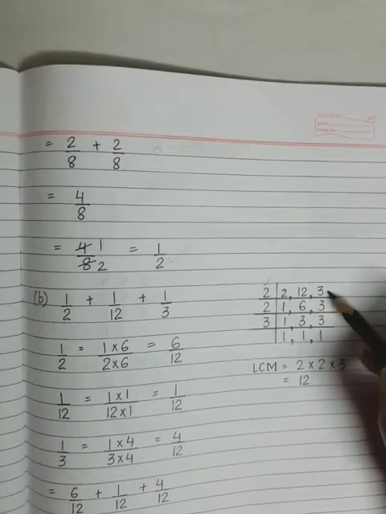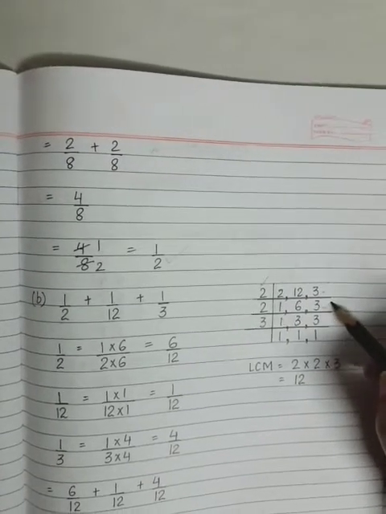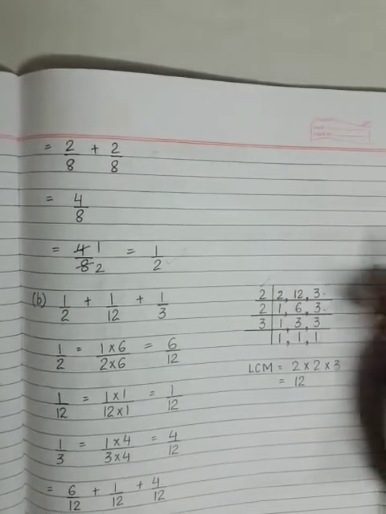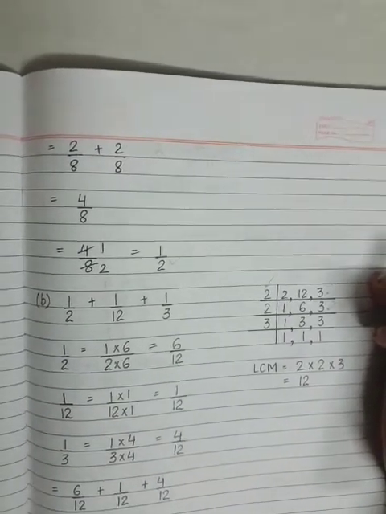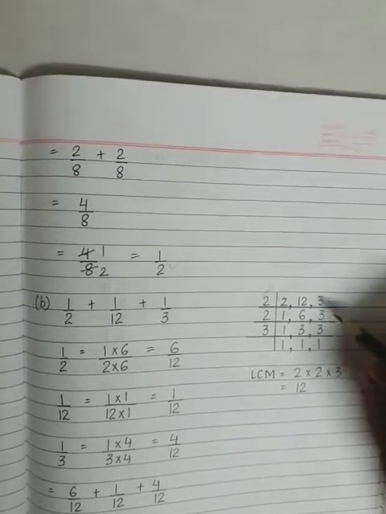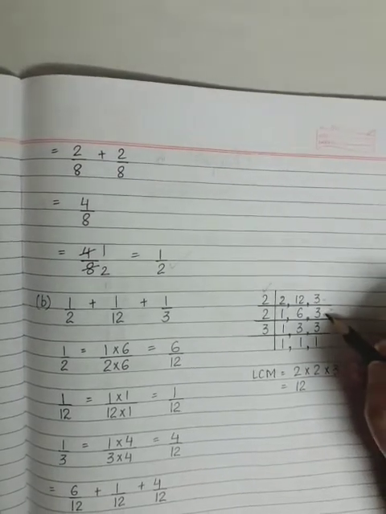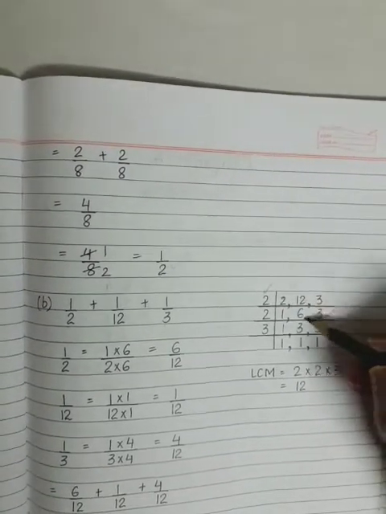Okay. But we will write 3 as it is, because I told you that any number which is not divisible by a prime number is brought down as it is. Now, see, this 3 has come down as it is, this is 1 and this is 6.